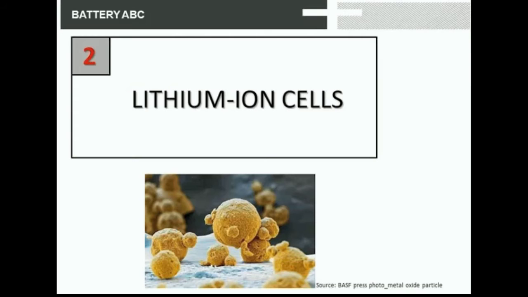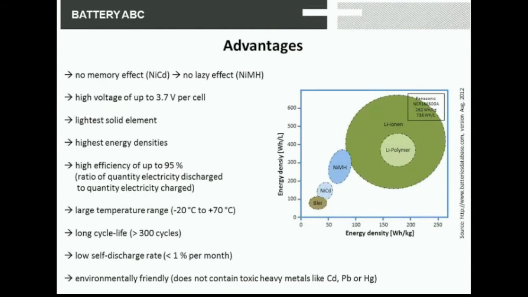I will tell you a little bit about lithium-ion cells and the advantages of lithium-ion technology: no memory effect, for example, no lazy effect, and higher voltages. Not 1.2 volts, which we know from our NiCad or nickel metal hydride technology or lead acid technology. It's 3.7 volts per cell. It is very lightweight.